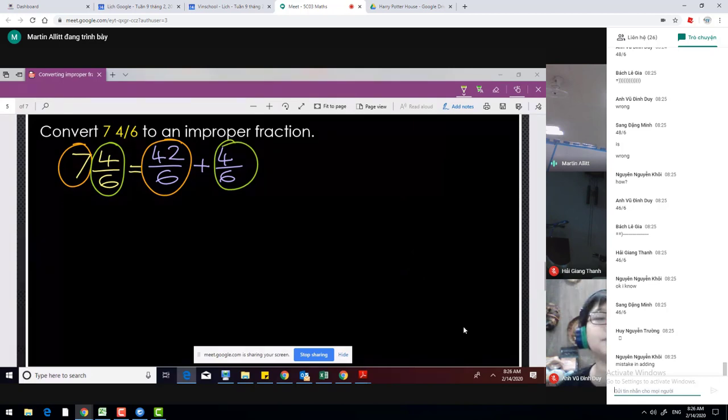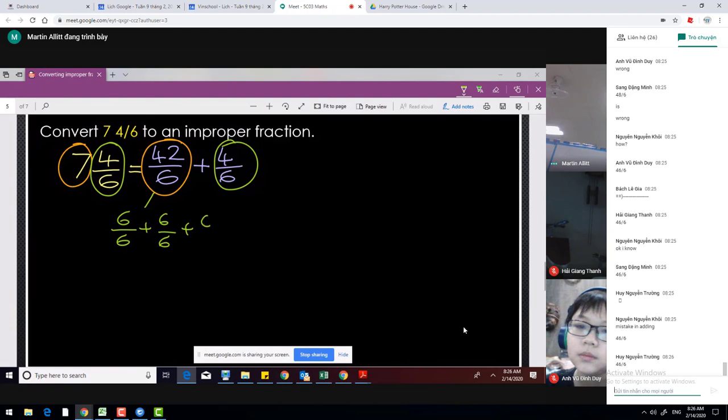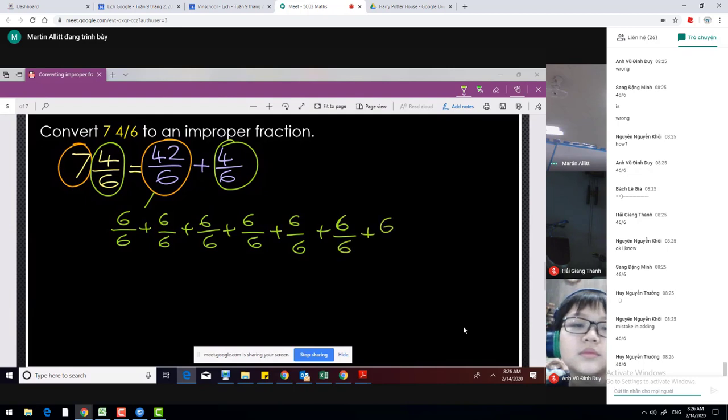7 and 4/6. So this is the same as 6 sixths, add 6 sixths, add 6 sixths, up to 7 of them.